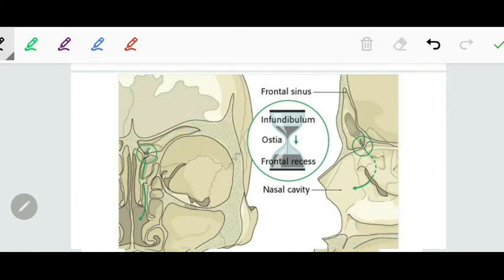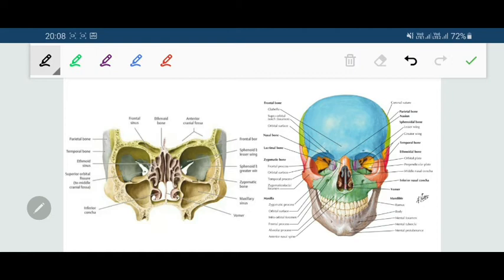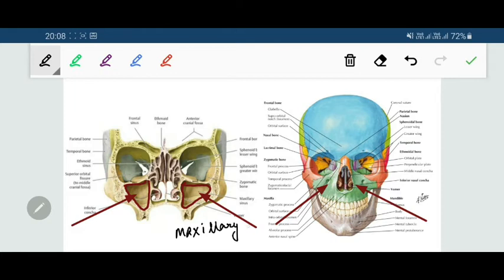Next I will discuss the maxillary sinus. Maxillary sinus is also known as antrum of Highmore.